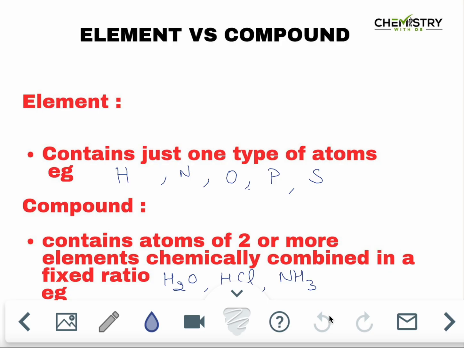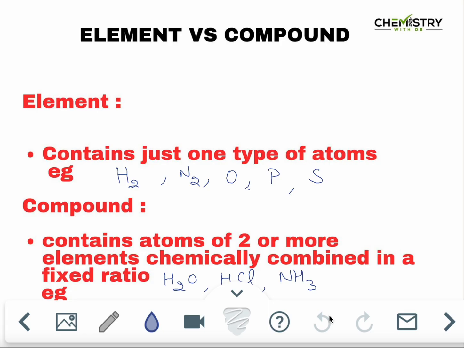Now going further, an element contains just one type of atom. It doesn't matter how many. For example, an element could be hydrogen, nitrogen, oxygen, phosphorus. So hydrogen would be H2, because two atoms of hydrogen will combine to make one molecule of this element, hydrogen, but they are both the same.